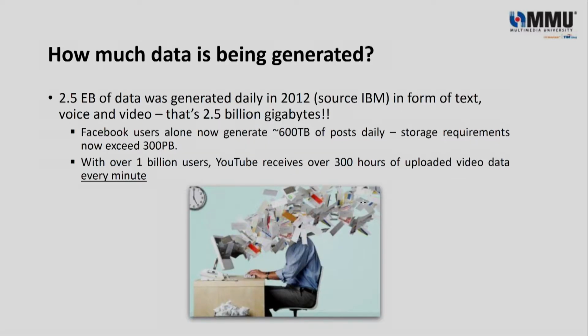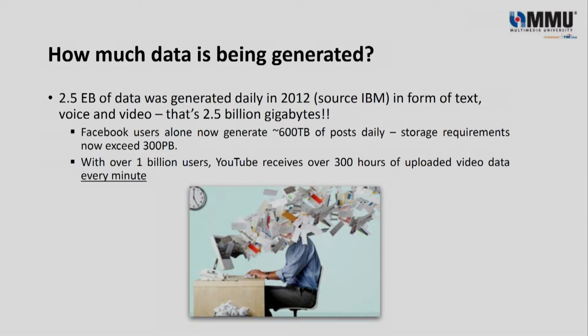Before we go into that, we want to know how much data is being generated nowadays. With this figure from 2012, which is quite old, at that time 2.5 exabytes of data was already generated daily. This was from IBM, in the form of text, voice, and video. Take a look at Facebook now.